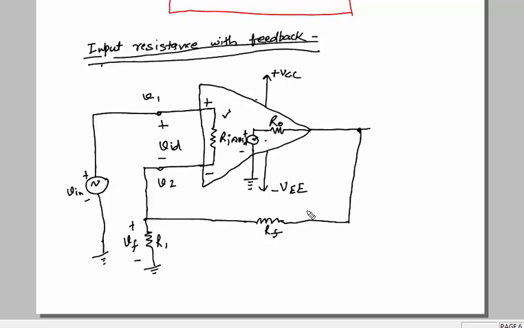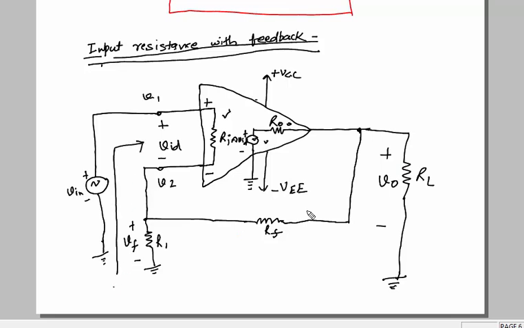By definition V naught is A into VID, across R naught we are taking it, and the final output will be across RL.